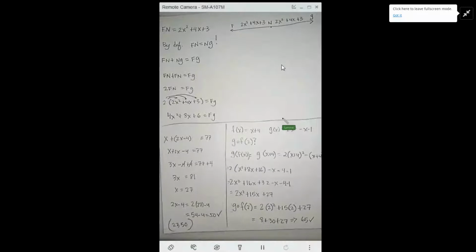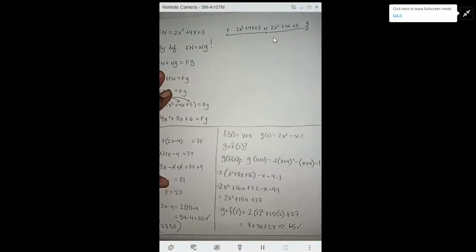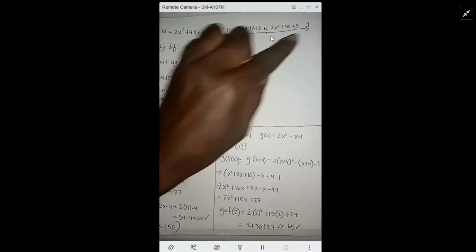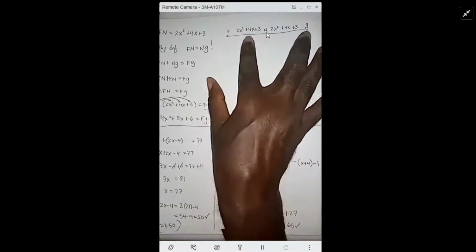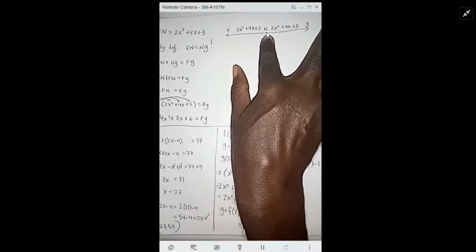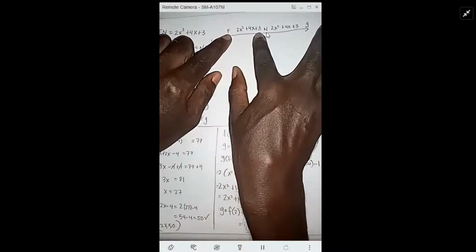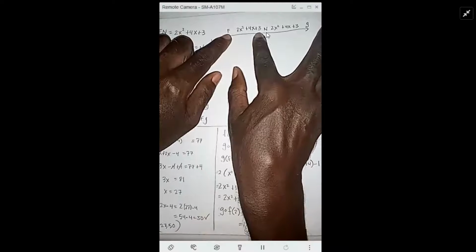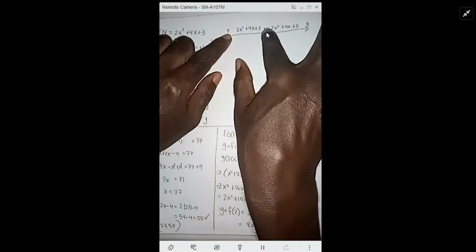Now, when you look at this, try to draw up your picture. Freehand, it's not straight, but when I was drawing it, it looked straight enough. N is the midpoint. So half of it is equal to this, and the other half must also be equal to this because it's the midpoint.